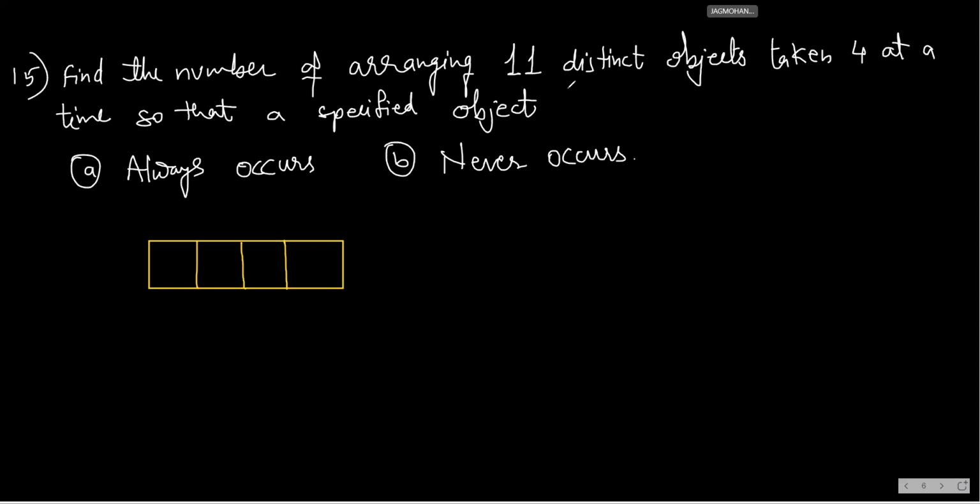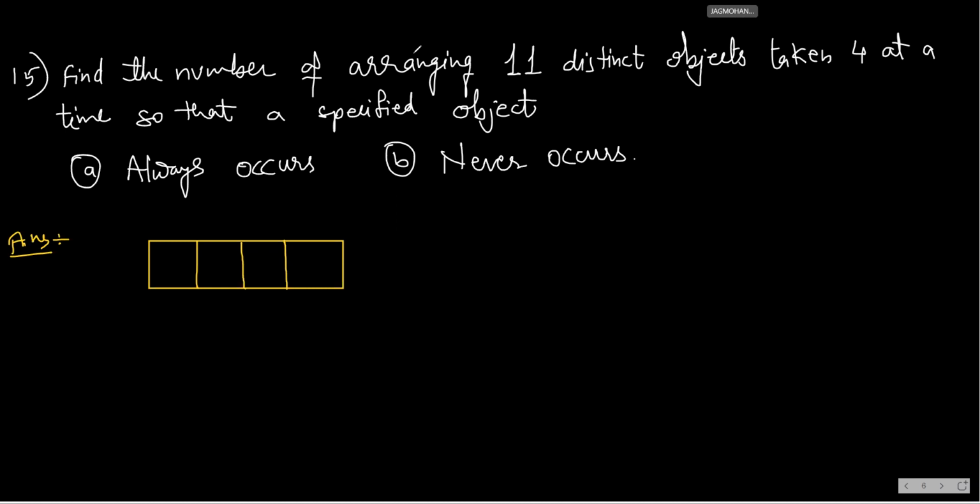Find the number of arrangements of 11 distinct objects taken 4 at a time so that a specified object B never occurs. Okay students, this is an interesting question. There are 11 distinct objects.